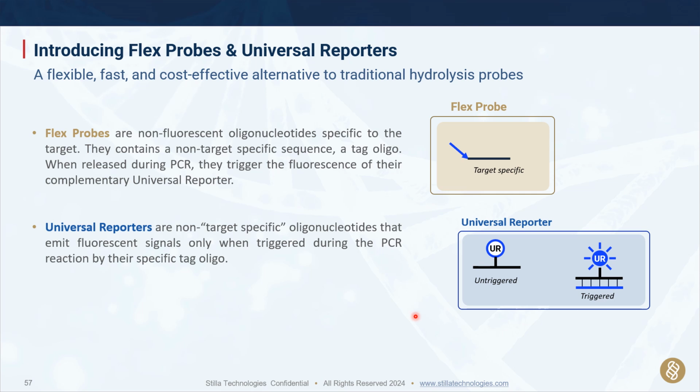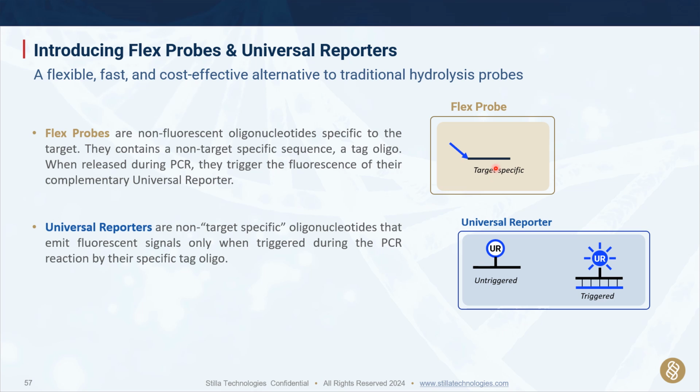If we look at the process for Crystal Digital PCR assays and the design of these assays, Stilla Technologies was really a market leader in developing these new what they call flex probes and universal reporters. Essentially, it comes down to decreasing the price of manufacturing these assays to make digital PCR more cost-effective for the everyday laboratory. Essentially, it consists of a flex probe.